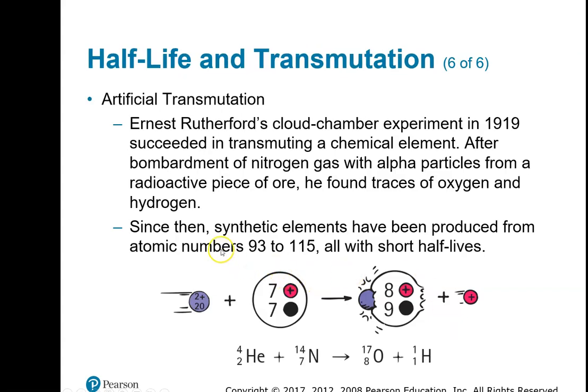All right, let's see. Is that all I wanted to say? So elements 93 through 115 are actually synthetic. That is, humans actually created this stuff. You don't find elements 93 through 115 in nature. So the last naturally occurring element is actually uranium.